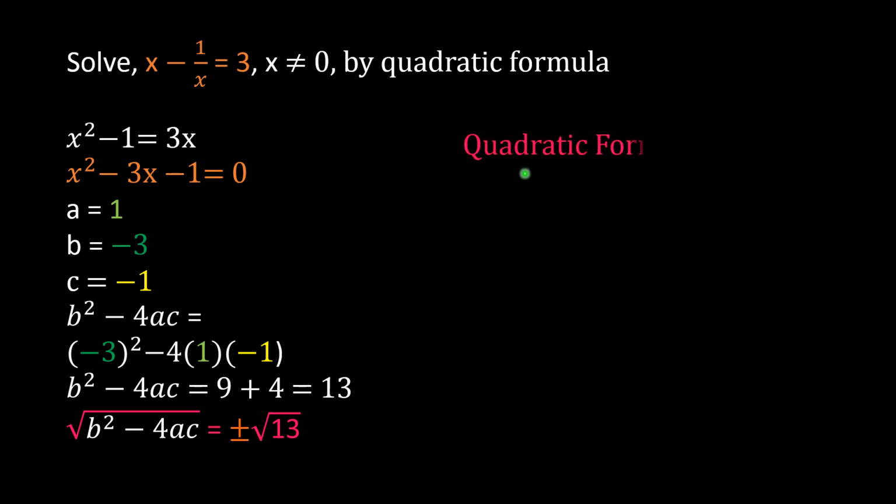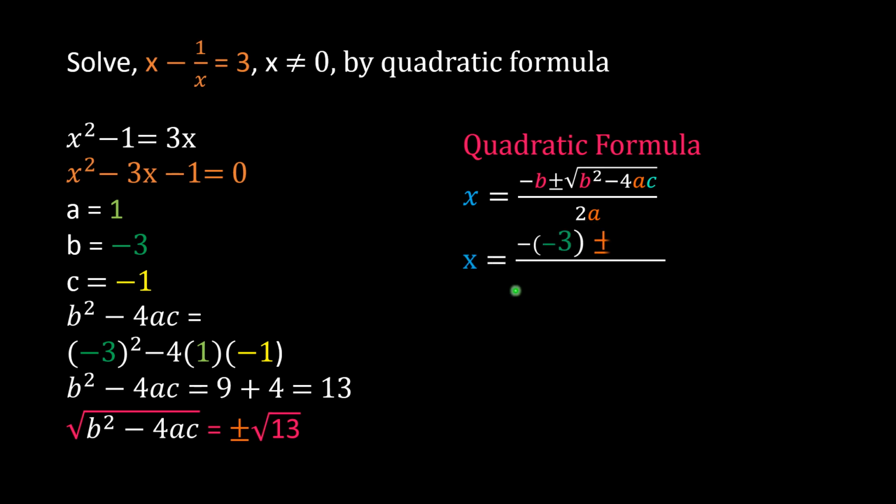Now we have the quadratic formula. x equals minus b plus minus under root b squared minus 4ac upon 2a. We will substitute the values. b is minus 3. Under root b squared minus 4ac is plus minus under root 13. And a is 1.